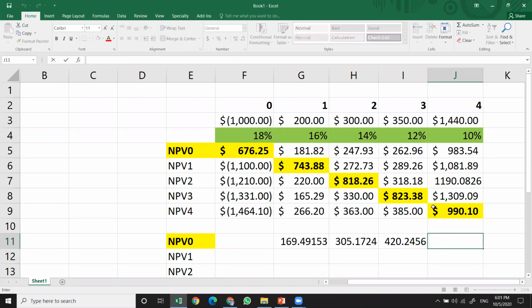And the last cash flow considers 1, 2, 3, 4. 1 plus this, times 1 plus this, times 1 plus 16%, and this time 1 plus this.